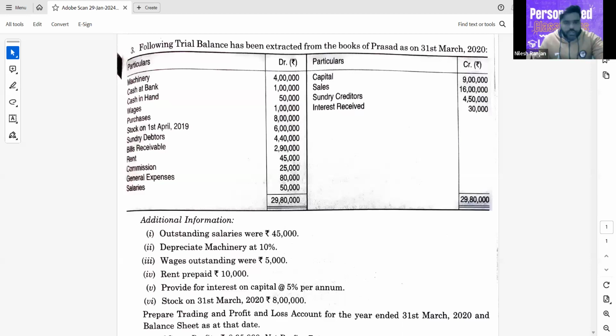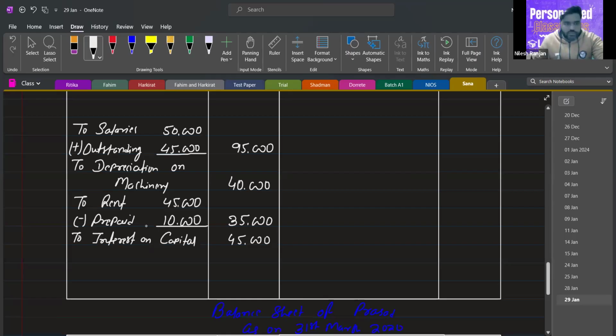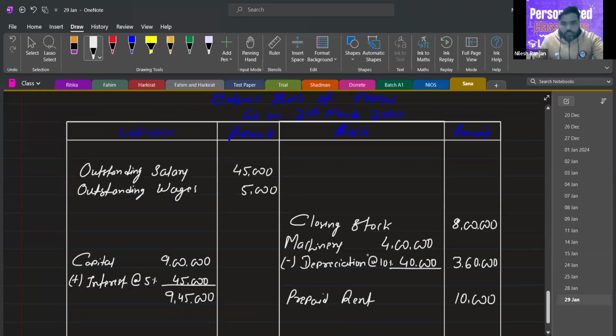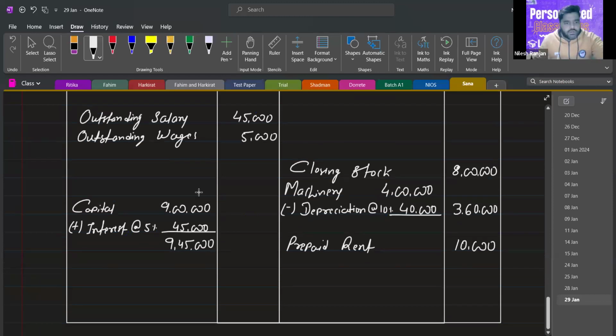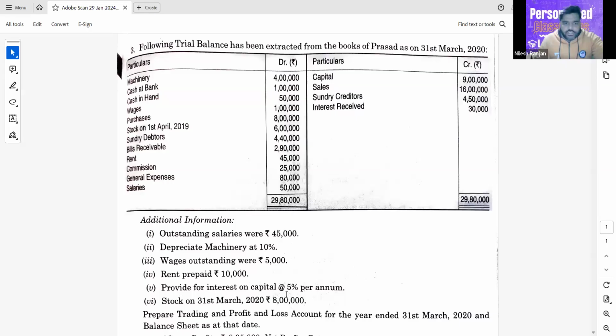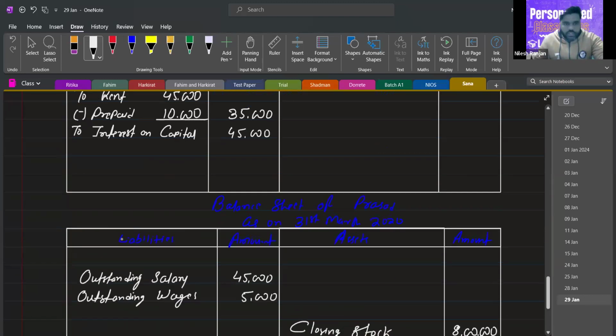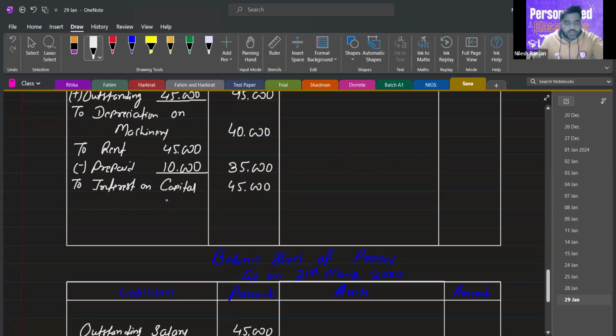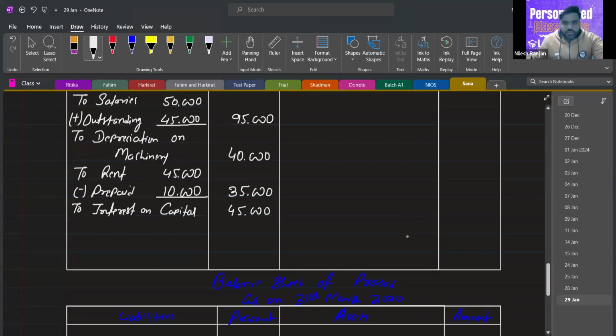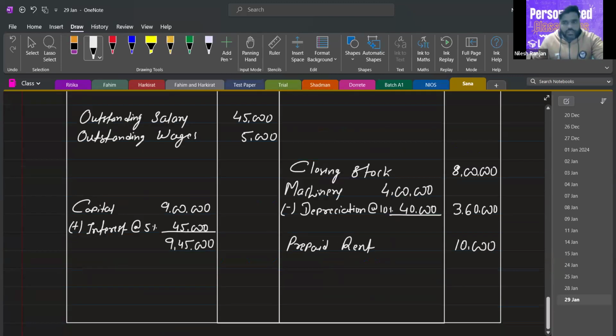Third is rent prepaid. So rent prepaid 1 and prepaid rent 2. After that, provide for interest on capital here, interest on capital here. And then closing stock on the trading account and balance sheet asset side. So all the adjustment is complete.